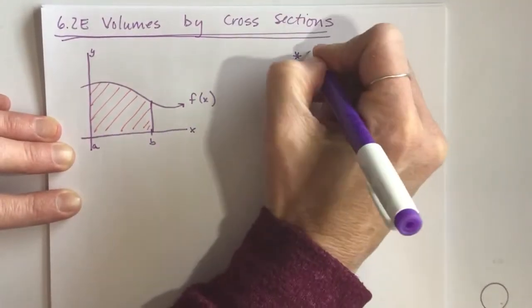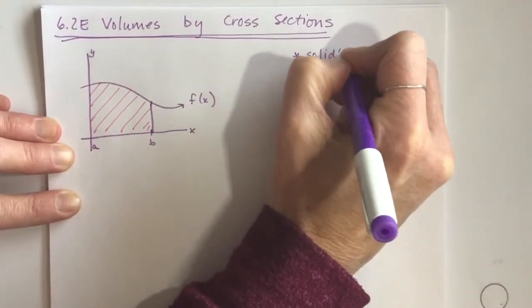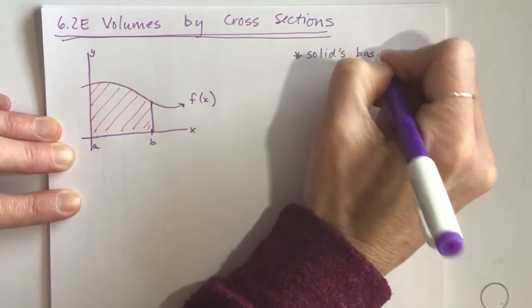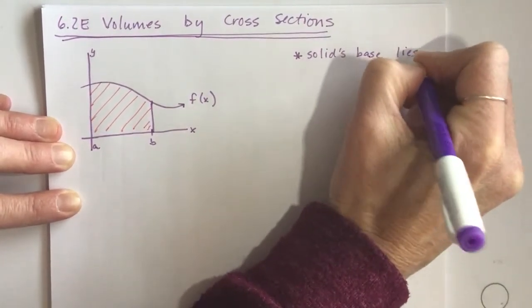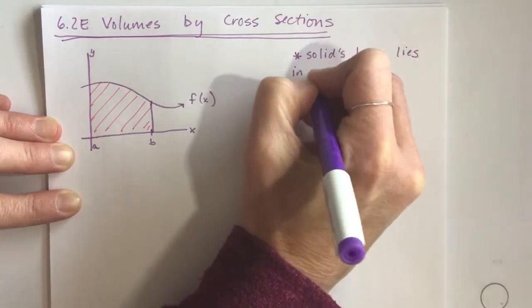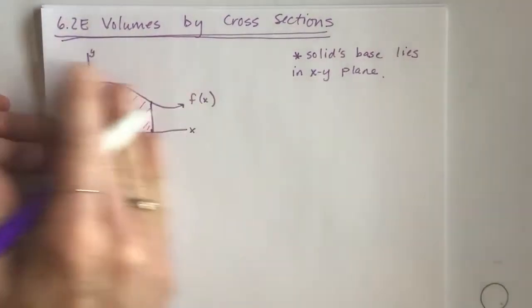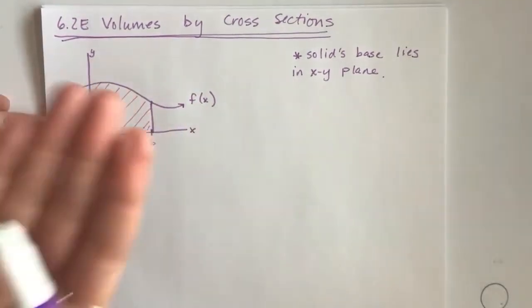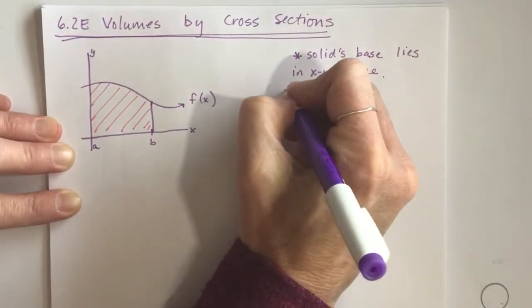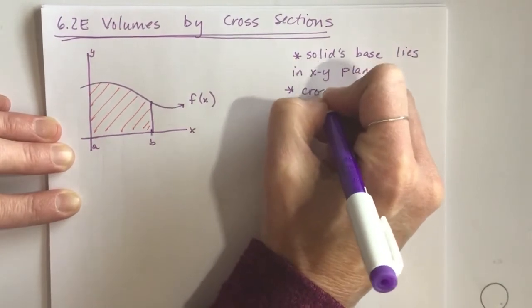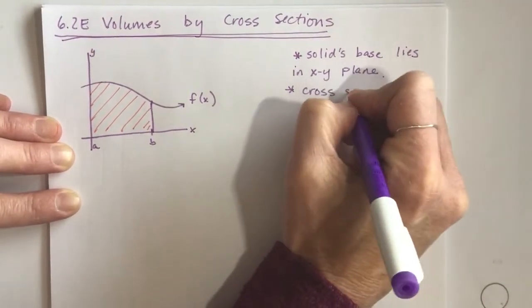So the solid's base lies in the xy plane. So it lies in this, and then it's going to come out of the paper. So the cross section is going to be perpendicular to the paper.